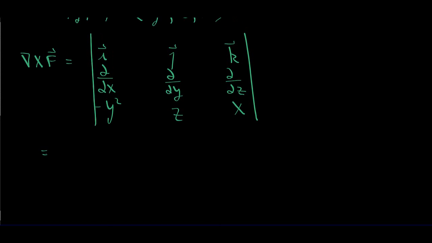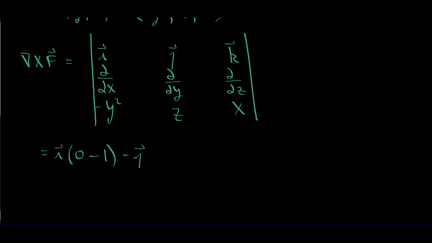Okay. Now, first of all, I'm going to say, okay, the partial of x with respect to y, taking care of this one, and that's 0. So here we go. We got i, and here's 0, minus 1. Okay, so we did that one. Now, minus j.